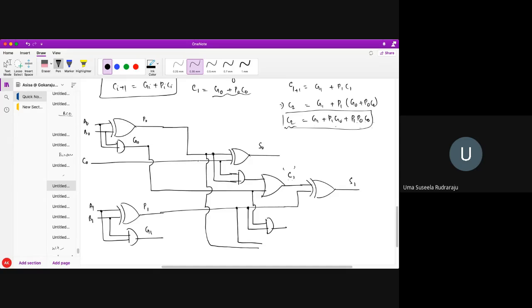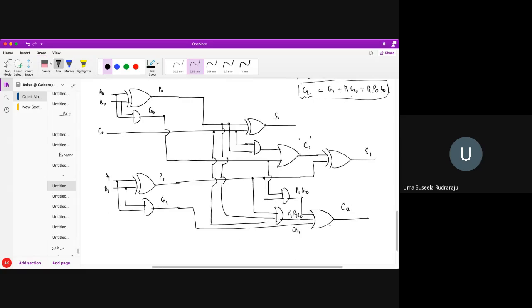C0 is from here, and P1 P0 you can take from here. This is the way you can take P1, P0, C0, and from here G1. All this you can take and perform the OR operation to get C2. So this is your P1 G0, this is your P1 P0 C0, and this is your G1, which gives you C2. So for the second bit operation, which is A1 B1, I have the next bit carry ready.